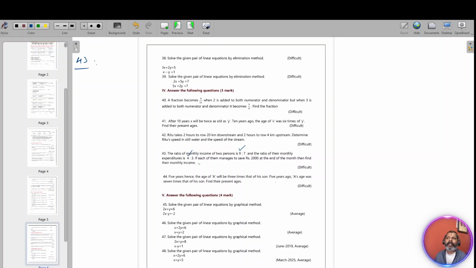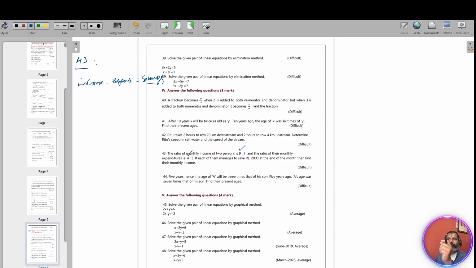So income minus expense gives us savings, right? So we say income minus expense equals savings. For the first one, don't write 9x minus 7x or 9x plus 7x. They have defined the two persons' incomes as 9 is to 7, and the same two persons' expenses as 4 is to 3.